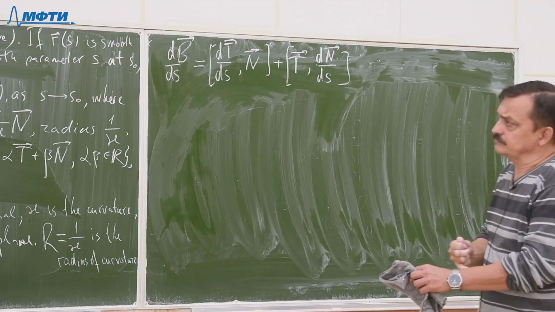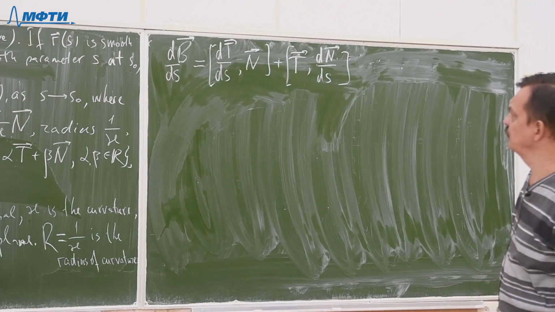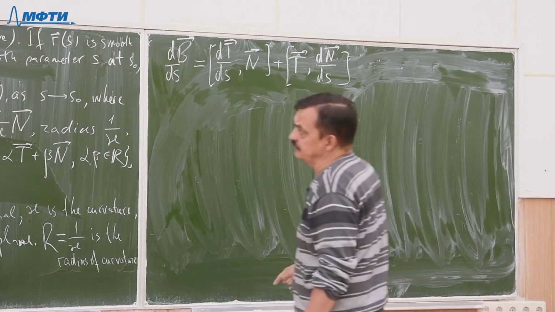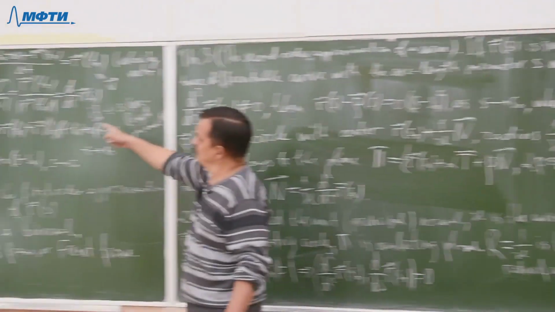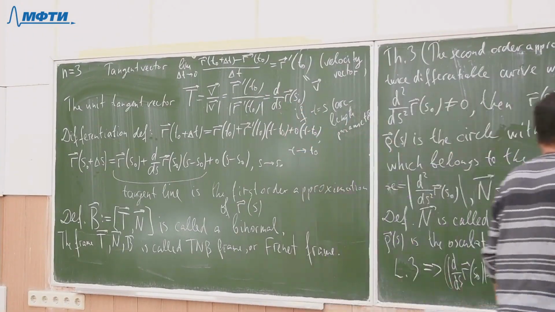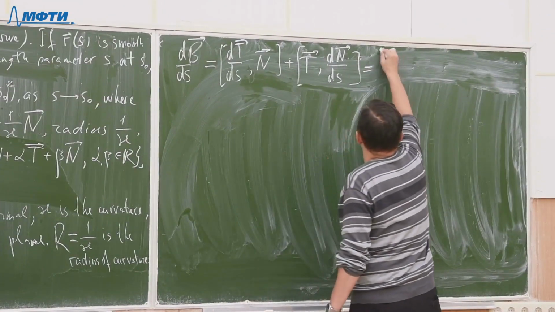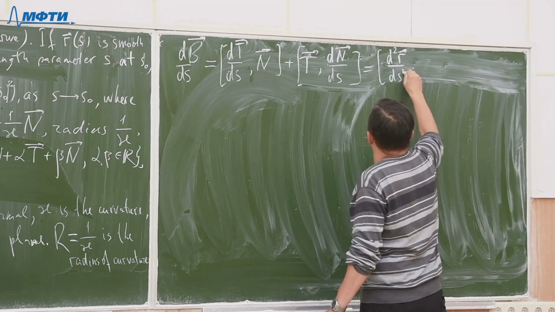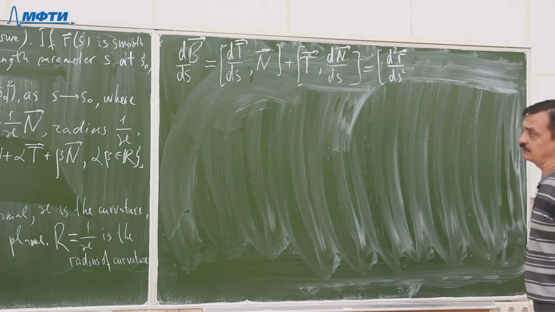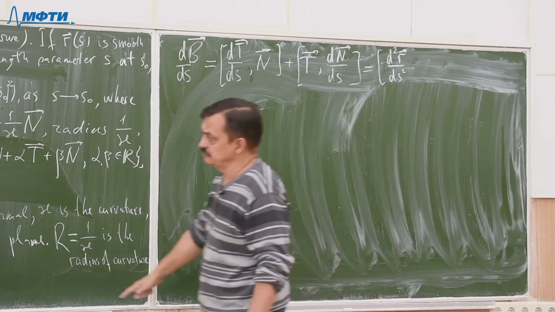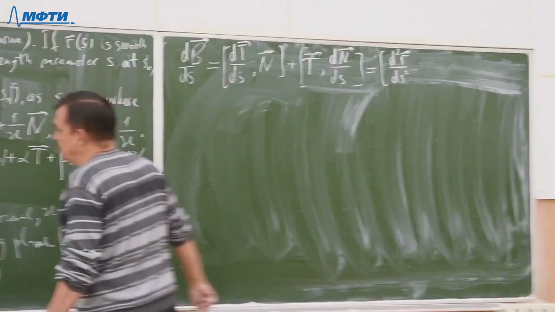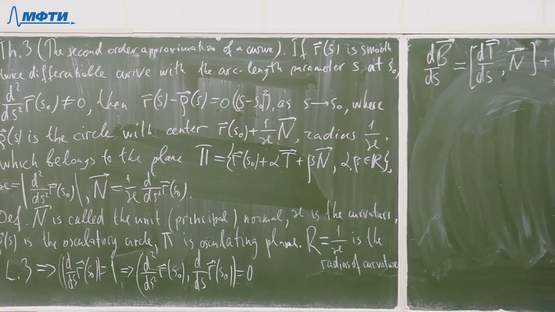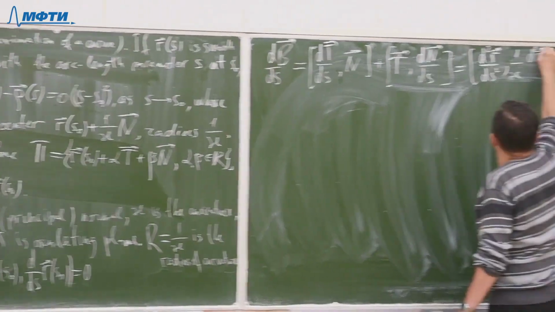Recall, t was dr over ds, so dt over ds is the second derivative of r with respect to s twice. And n is 1 over kappa times the same vector.